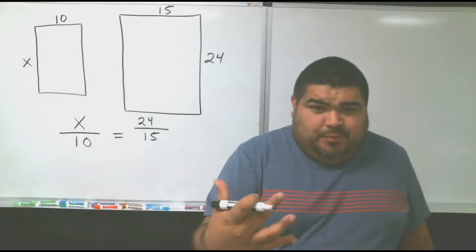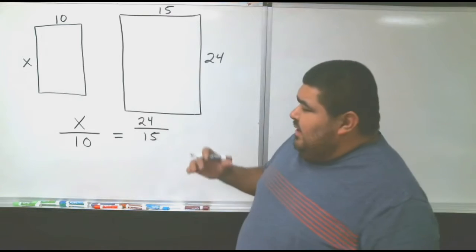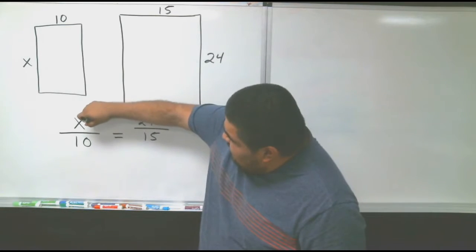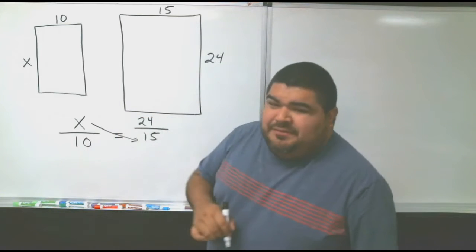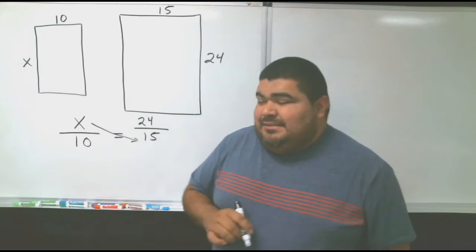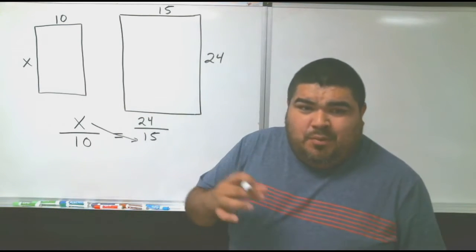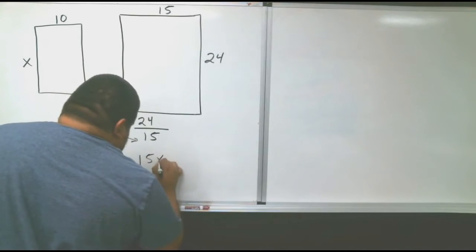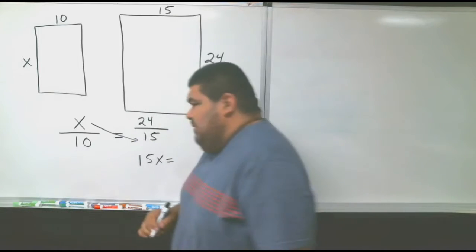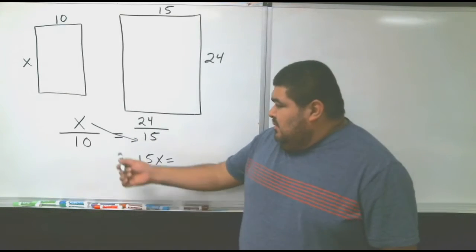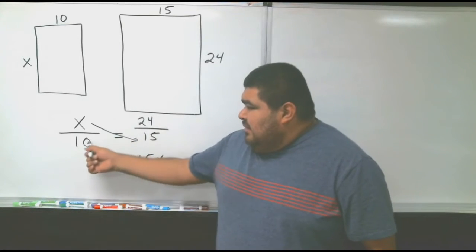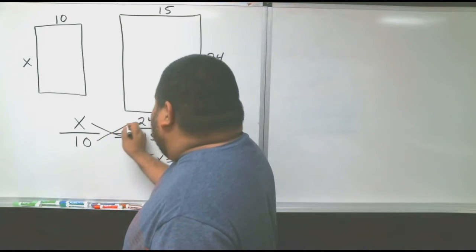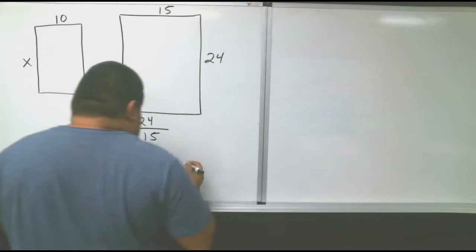So now that we have a proportion set up, we can actually cross multiply. So x times 15 is 15x, because remember, one's a variable, one's not. So we have 15x equals 10 times 24, because remember we're doing cross multiply.